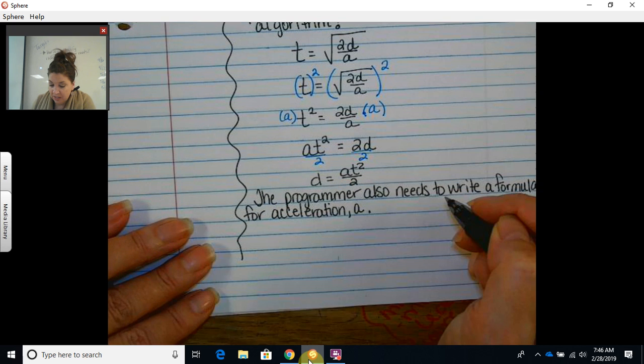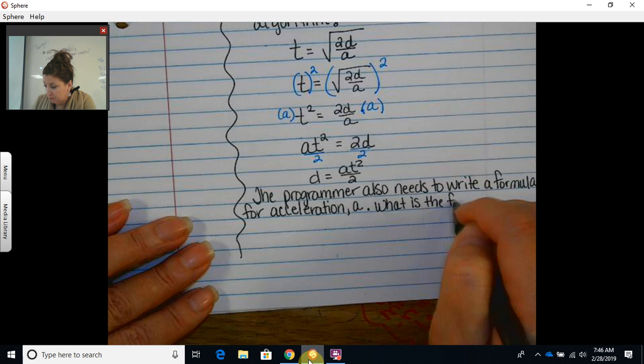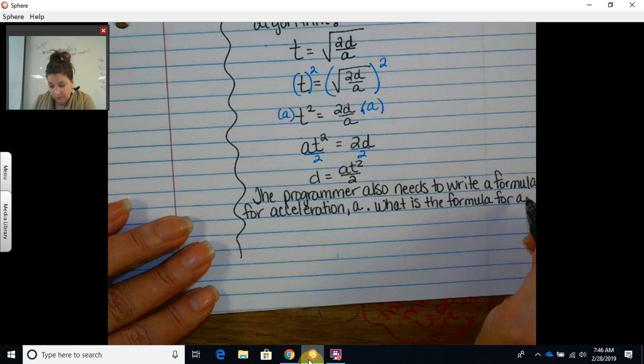What is the formula for A that the programmer will use to write the new algorithm?